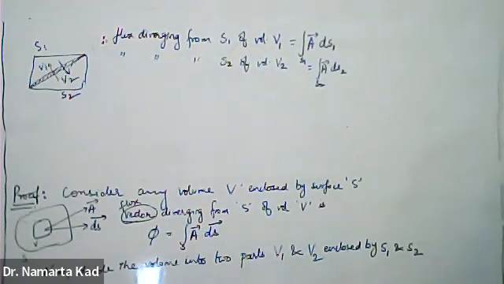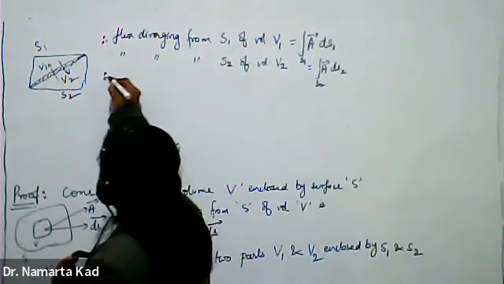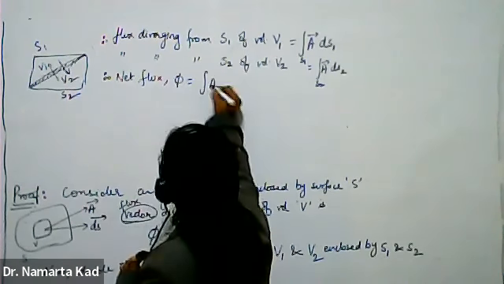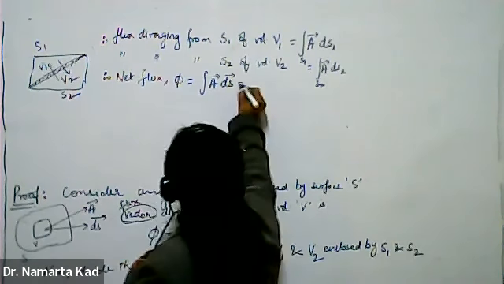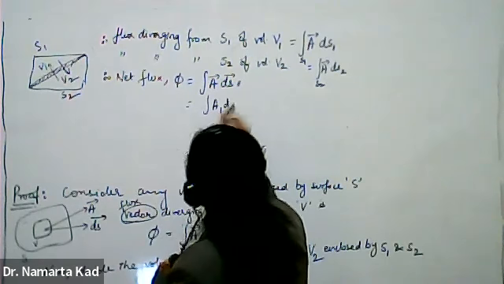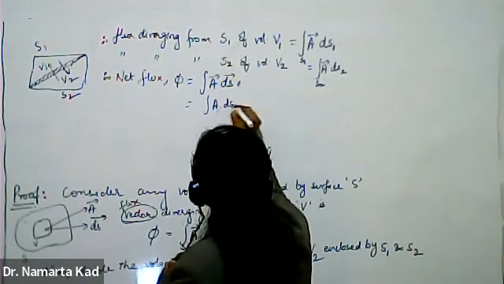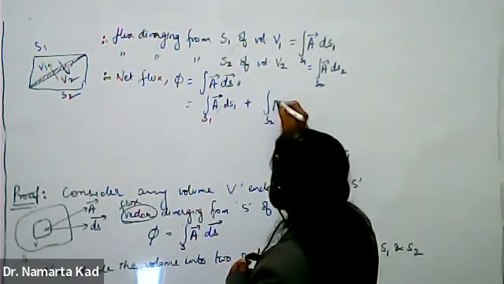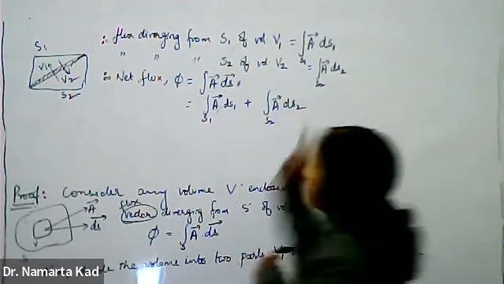Therefore the flux emerging out of the shaded portion, being equal and opposite in direction, cancels out, and hence the net flux phi, that is the integral of A ds, is equal to the integral over S1 of A ds1 plus the integral over S2 of A ds2.